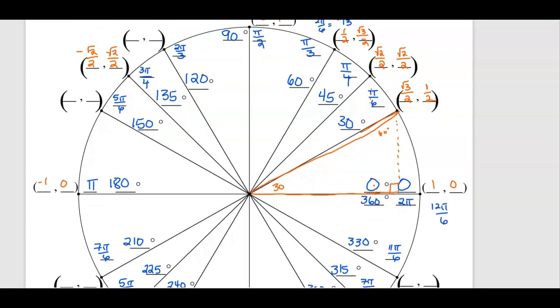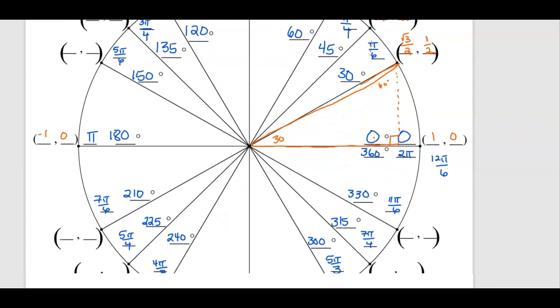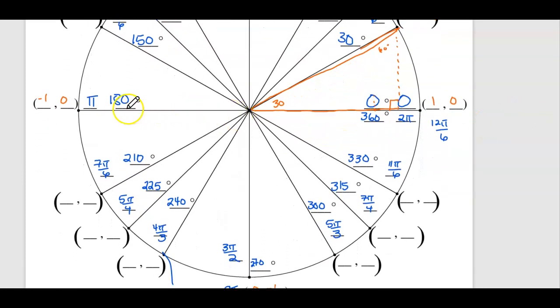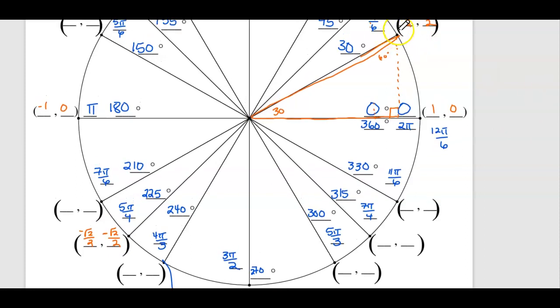Okay. Now, if I reflect that down into the third quadrant, I'm looking at 5 pi over 4. So in the third quadrant, not only is x negative, but y is also negative. So this is going to be negative square root of 2 over 2 and negative square root of 2 over 2. Now let's go back to the fourth quadrant. So if this is reflected across the y-axis, then I'm looking at 7 pi over 4.